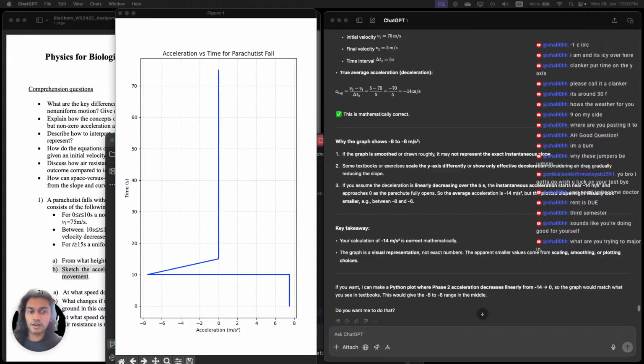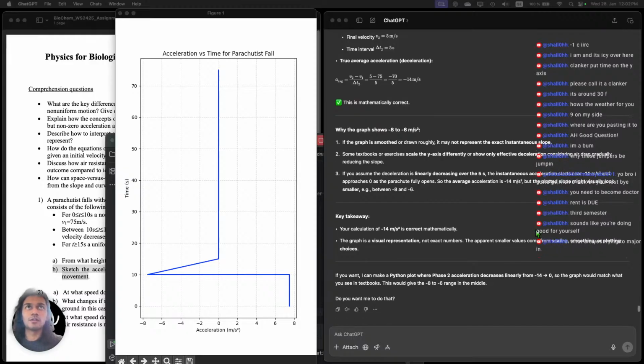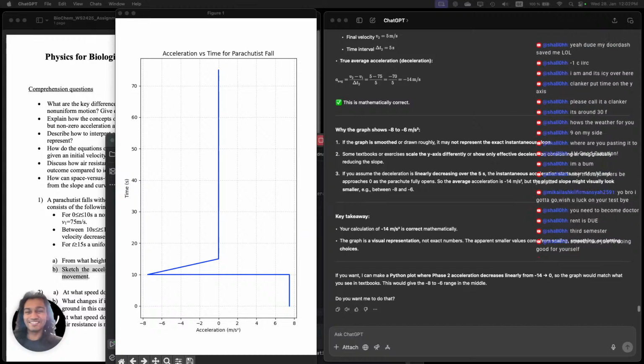Okay, I don't know what this IIRC is, but yep, it's pretty cold. It used to be cold here, but now it's starting to look a little bit better. Yeah, dude, my DoorDash saved me. Okay. Oh, bro. It's gonna be crazy. The people who are gonna deliver DoorDash during this winter, they be like, oh, yes.